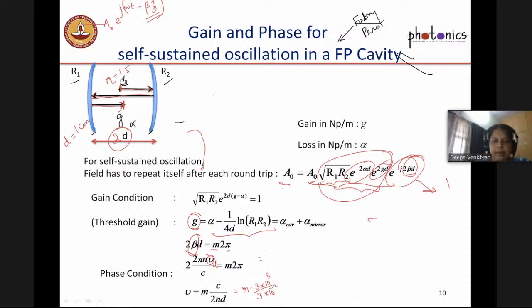This gives me a number m times 10 into 10 power 9, which is m times 10 gigahertz, which means only those electromagnetic waves whose frequencies are multiples of 10 gigahertz are supported by this cavity.